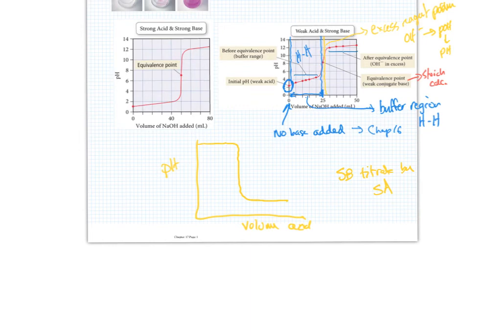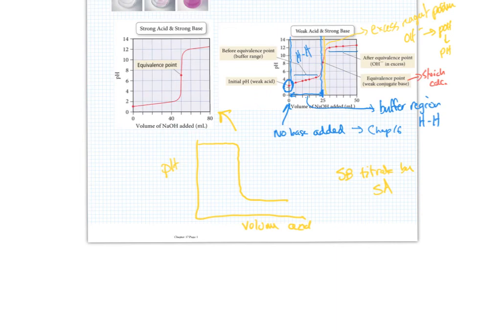It's basically the exact same curve as that, only inverted. And this would be volume of acid now along the x-axis, and pH is still on the y-axis. I don't have it quite drawn. It goes down a little bit, goes really steep, and then continues going down a little bit. Okay, so that would be a strong base being titrated by a strong acid. You basically get the exact opposite.